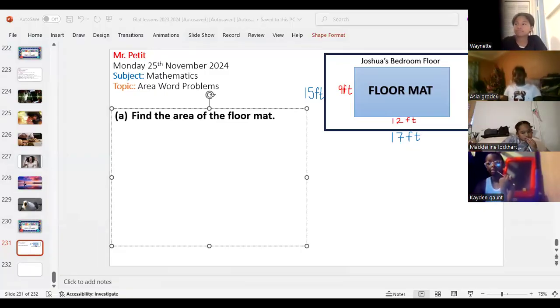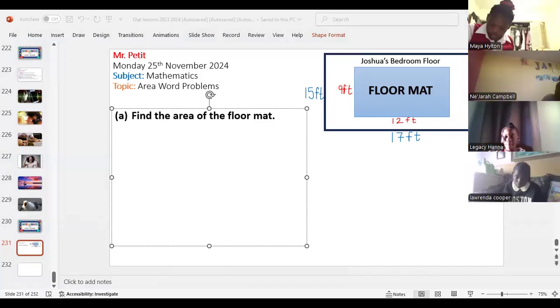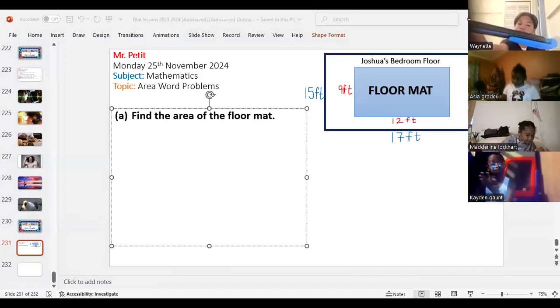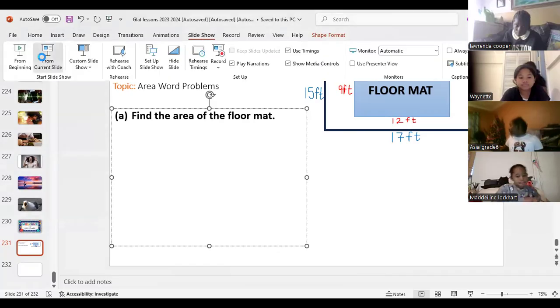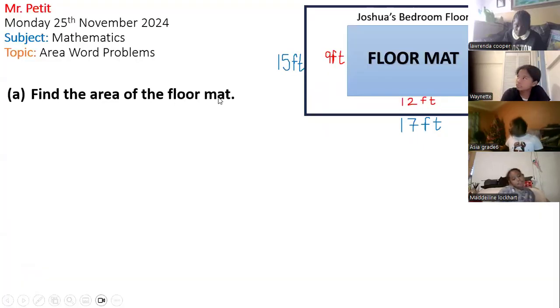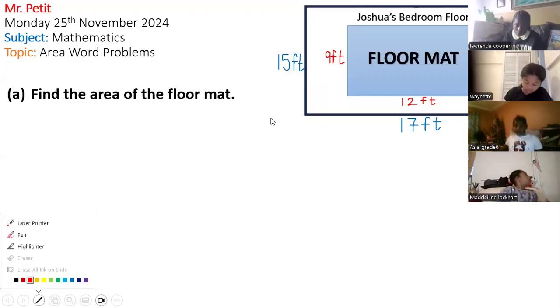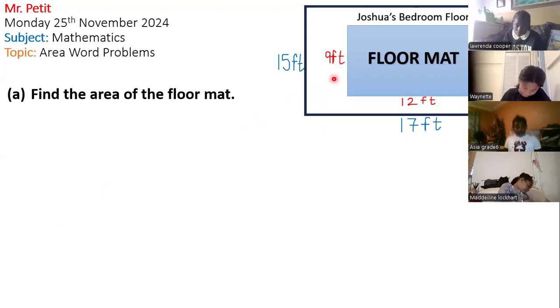Well, area for a rectangle is length times width. All right. So we have here this rectangle. They want the area of the floor mat. So the floor mat is going to be 9 feet here, and it's going to be 12 feet here. That's the floor mat.